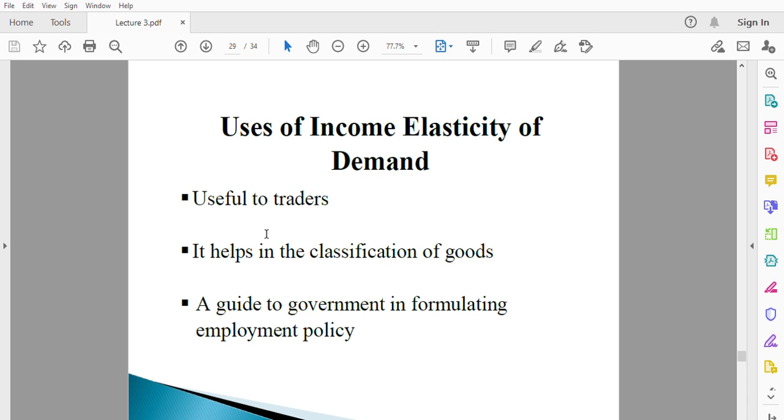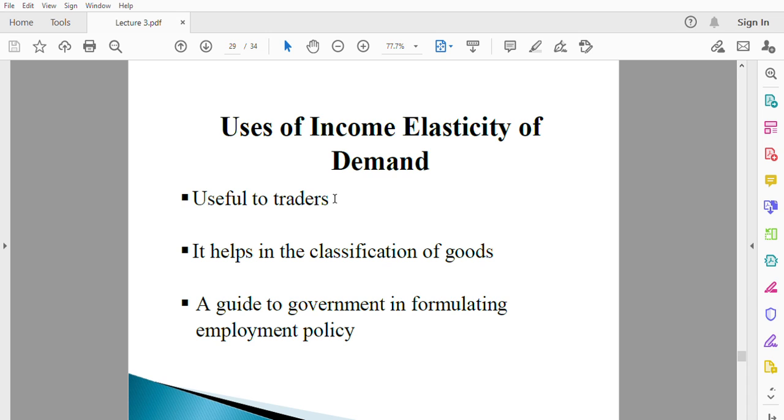They focus their consumption on fried rice and all others. So, if people will sell Gari, they won't sell it at residential areas. They will sell it at areas where people are not very rich. So it has helped traders to know where to sell a good that is considered as inferior.